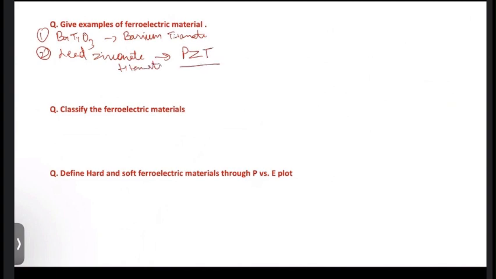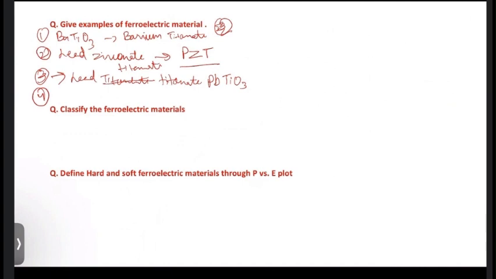Its short form is PZT. Third example, lead titanate, that is PbTiO3.